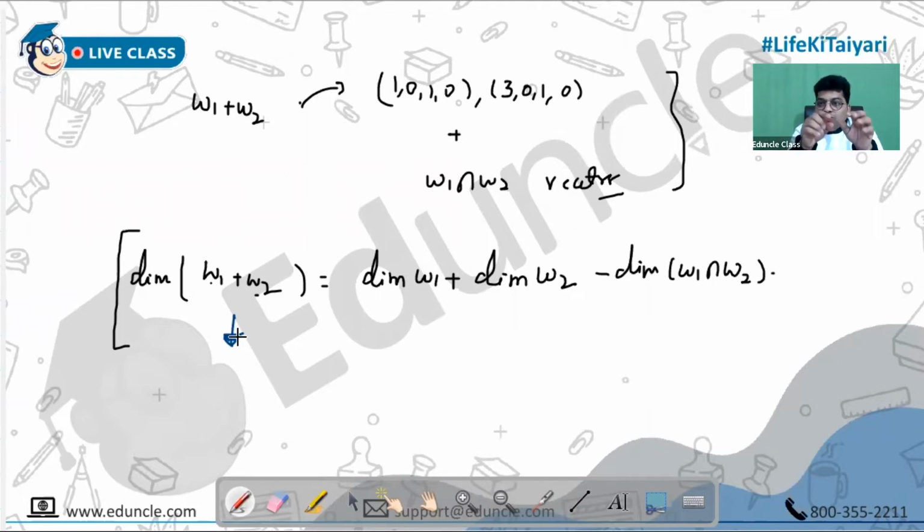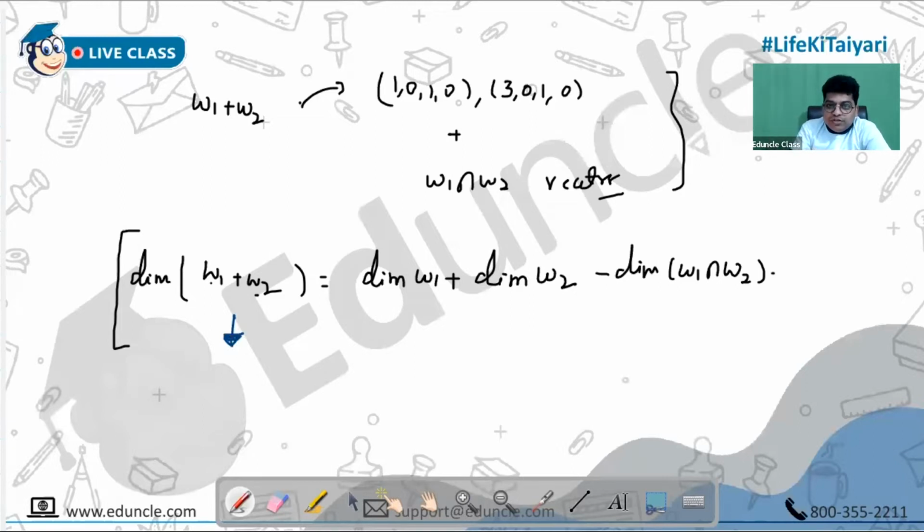As you have mentioned, we do not have to delete these two vectors. W1 union W2, W1 plus W2 contains at least two elements. We will take care of these two elements, not delete them, and we will eliminate all the elements whose elimination is possible. So we will get this one.